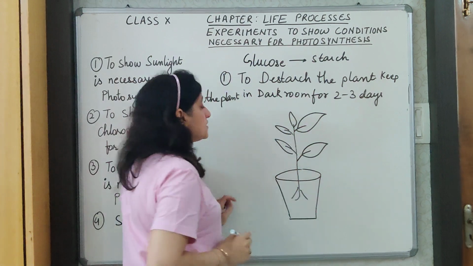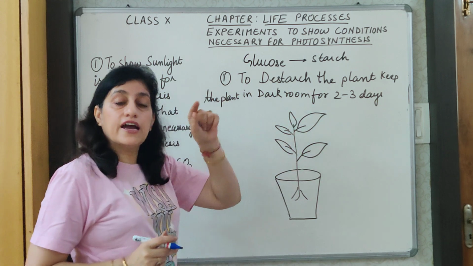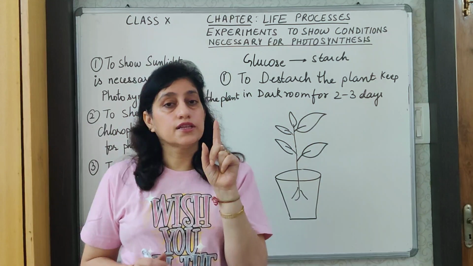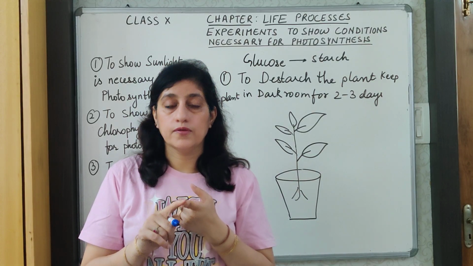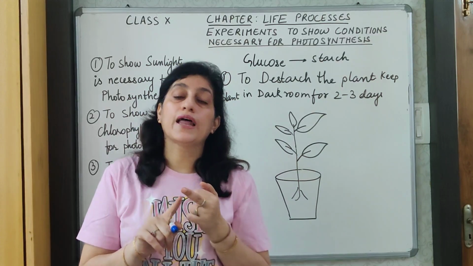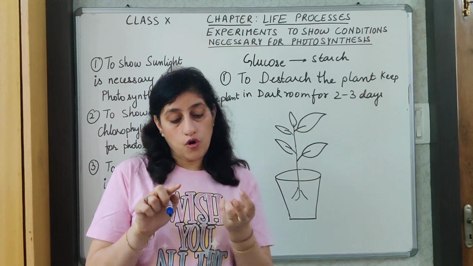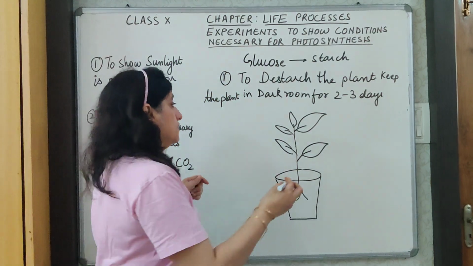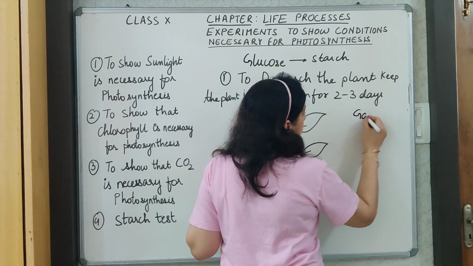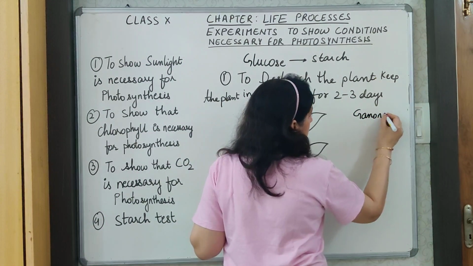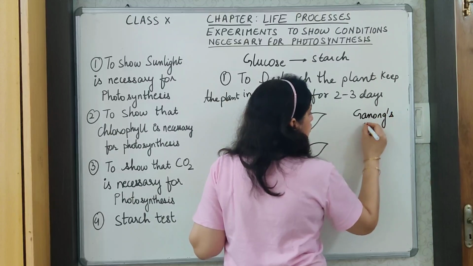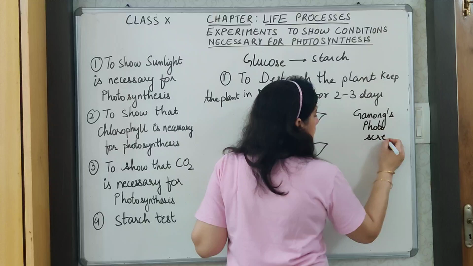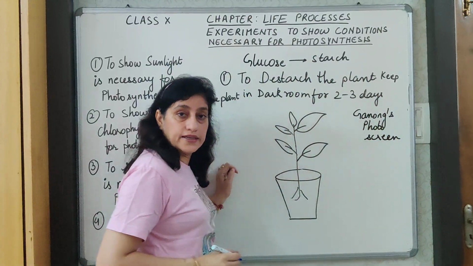Alright. So we select any one leaf and we cover a portion of the leaf, either with silver foil or with black chart paper, or we also get Ganong's photo screen, which cuts the supply of light.